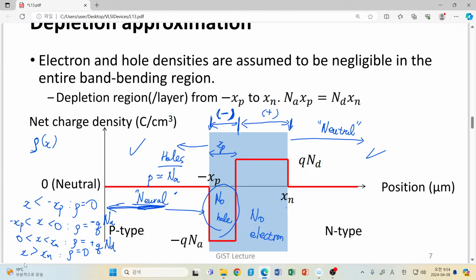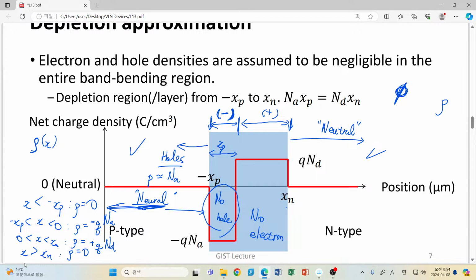Of course, it has a serious problem, because we are now talking about the electrostatic potential and net charge density. Electrostatic potential and net charge density are connected in this way.